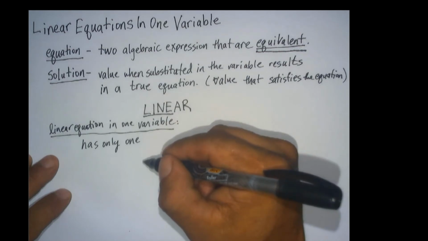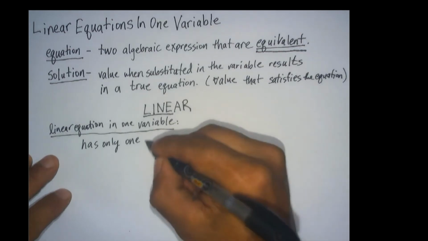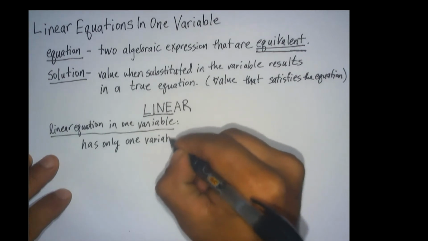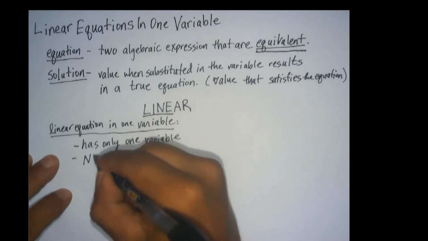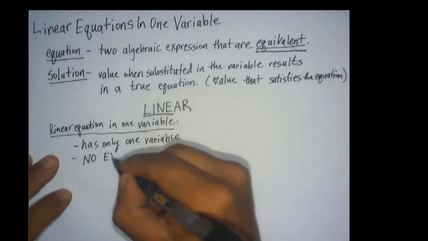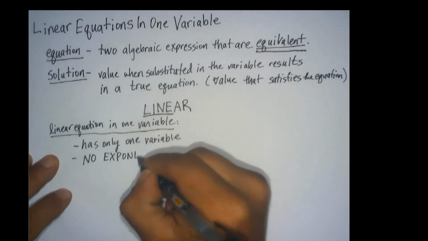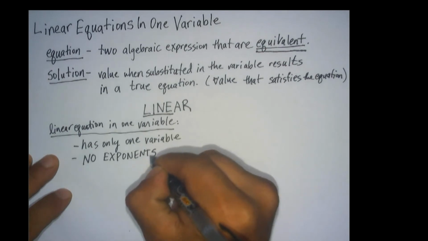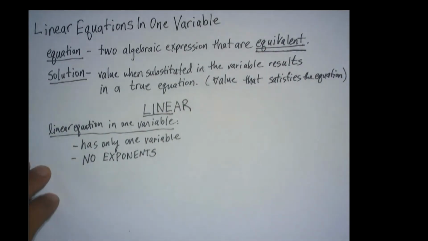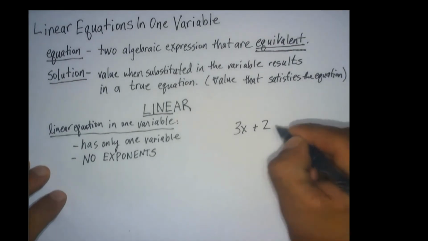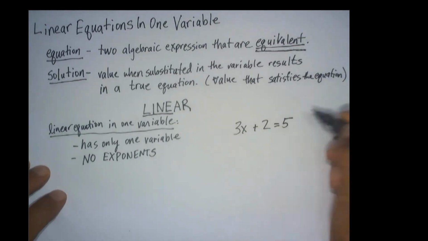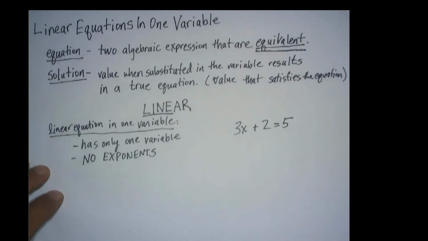That would be two variables. There's only one variable. And no exponents. Okay? No exponents. So 3x plus 2 equals 5 is a linear equation.